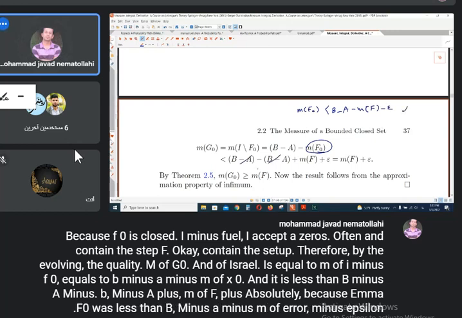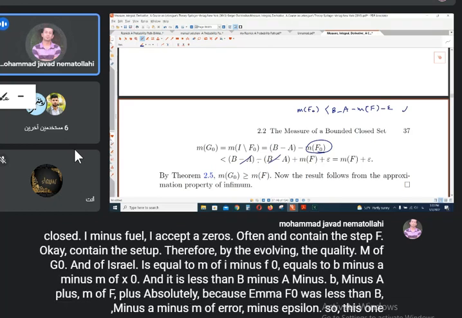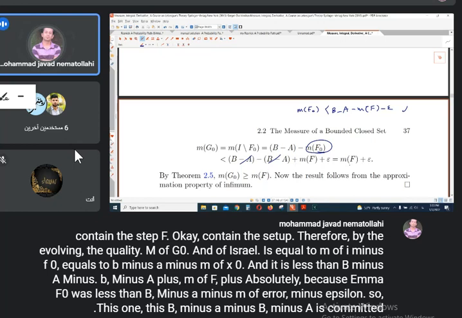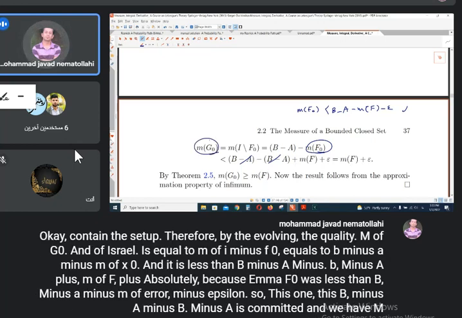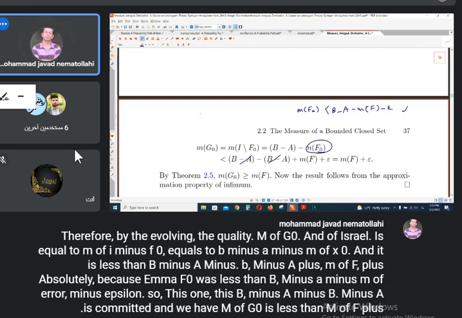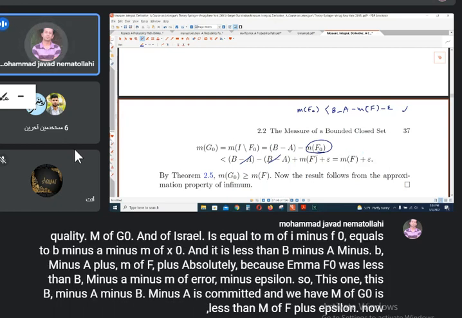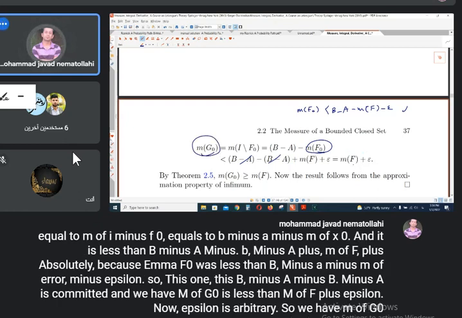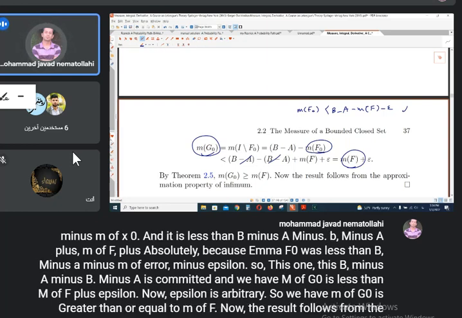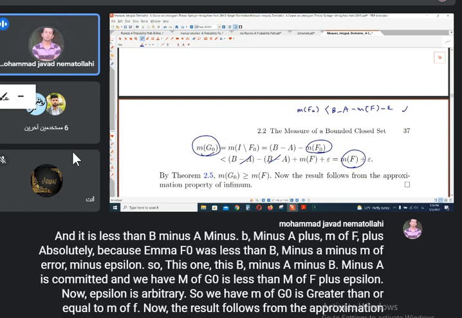So B minus A minus B minus A is omitted, and we have M of G0 is less than M of F plus epsilon. Now epsilon is arbitrary, so we have M of G0 is greater than or equal to M of F. Now the result follows from the approximation property of the infimum.